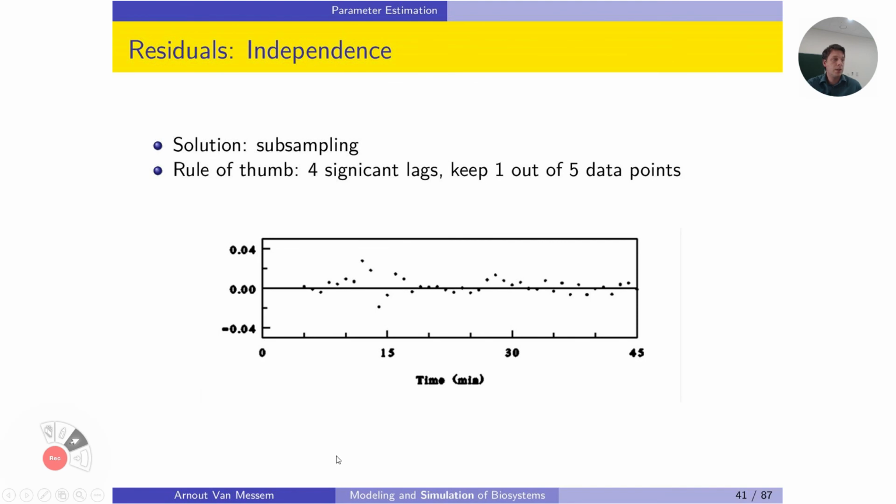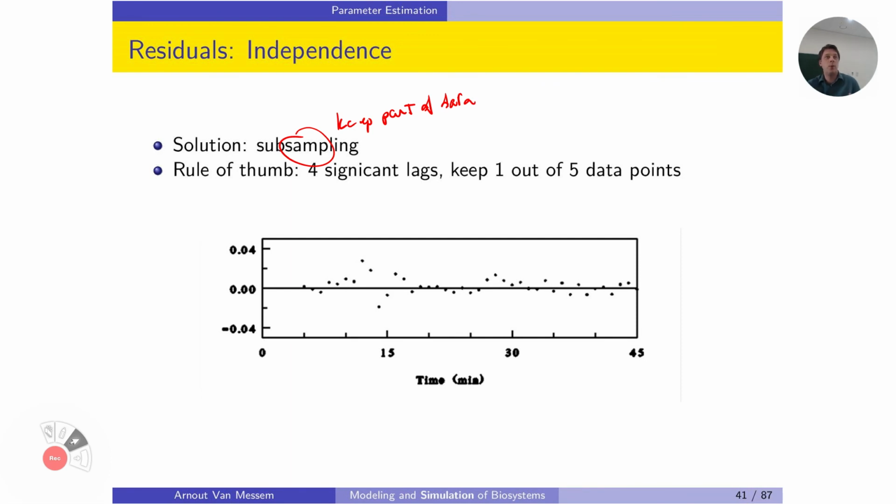A solution for this, which is a bit archaic, is to subsample. Subsampling is basically keeping only part of the data. As a rule of thumb, if you have 4 significant lags, you keep 1 out of 5 data points.